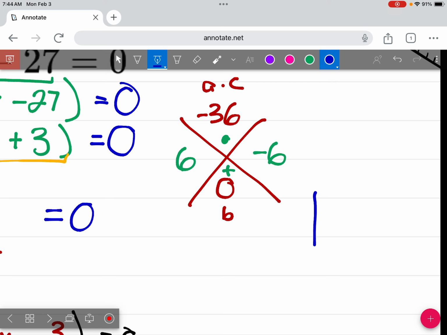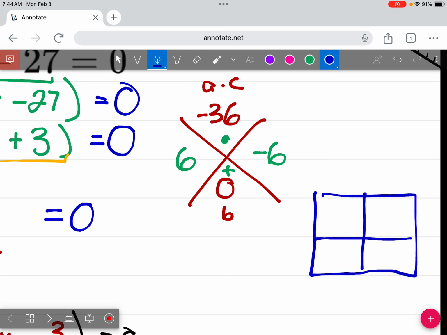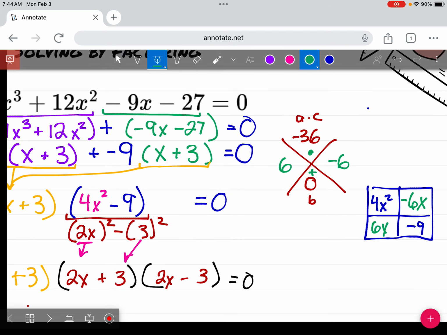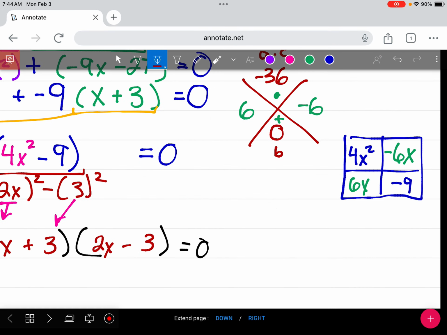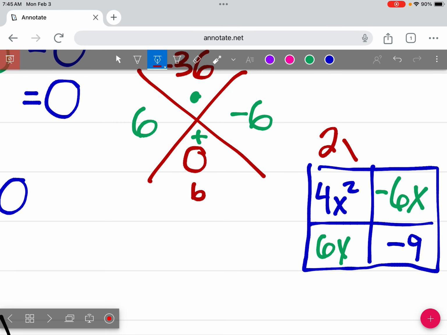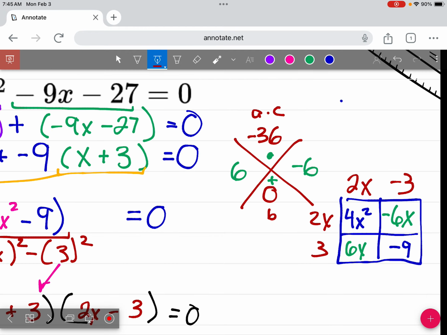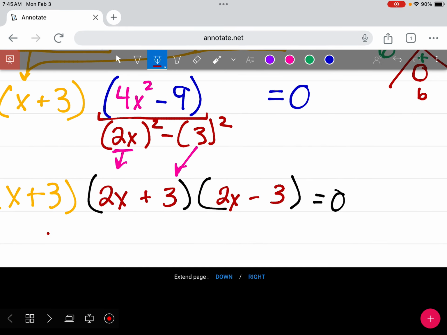And if you put this through a box where we have our 4x squared and our -9, and you put your -6x and your +6x, you can absolutely do it this way. It's totally fine. It's going to give you those exact same factors. Our 2x and a -3 with a 2x and a +3. So you can do it either way. If you know the pattern, it's going to save you some time though.